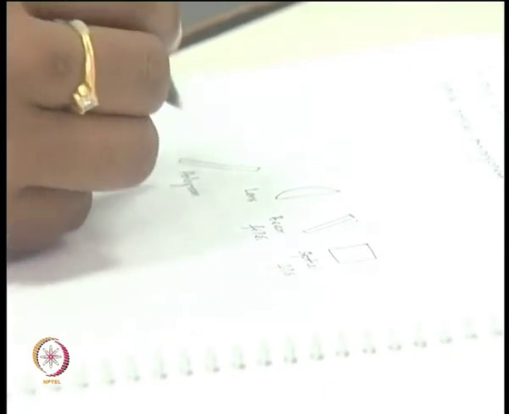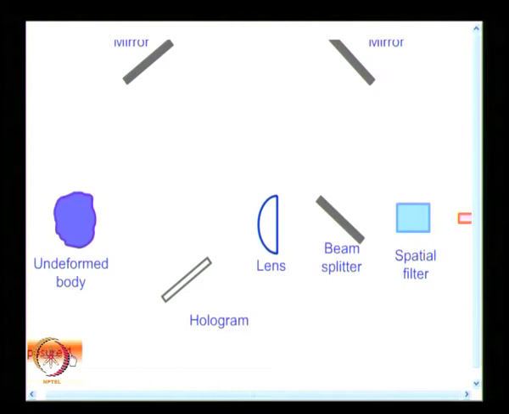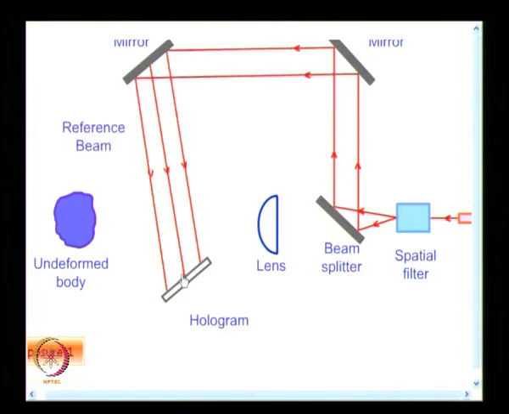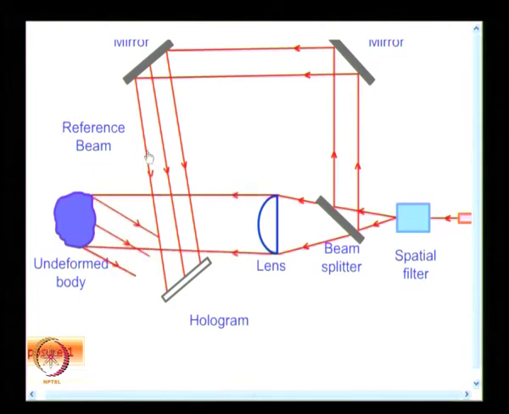And what I will do is, I will make an exposure 1. Just look at what happens. Light comes, hits the beam splitter, goes to the mirror arrangement and comes to the hologram, and this is a reference beam, and from the beam splitter another set of rays go and illuminate the body, and this also comes to the hologram, and both happen simultaneously.